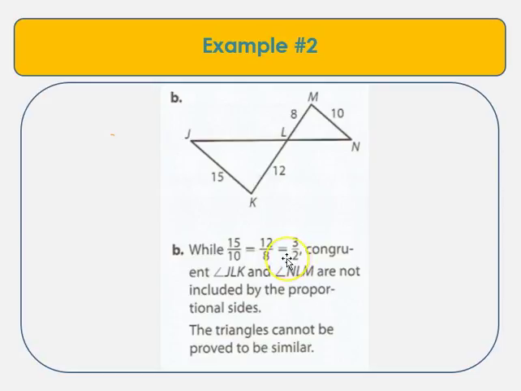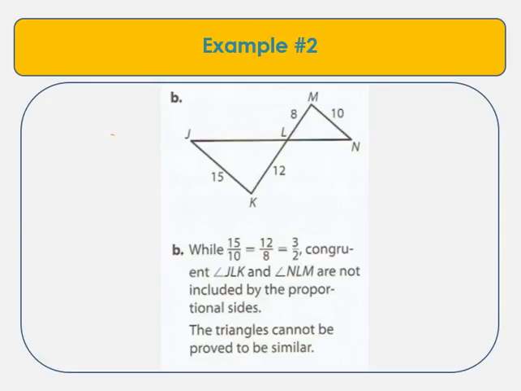They both have a similarity ratio of 3/2. And angle JLK and angle NLM are congruent. However, they're not the included angle. The two angles we just discussed are not the included angle.